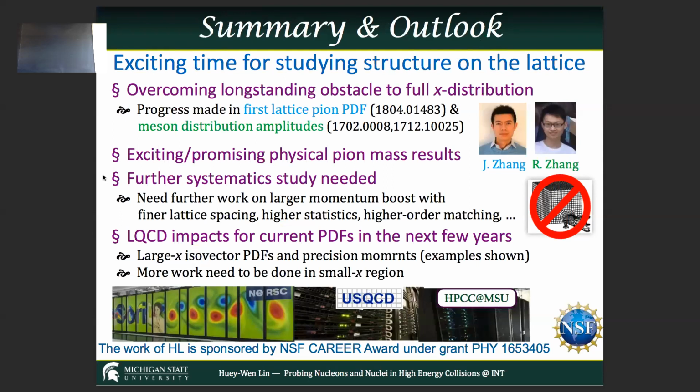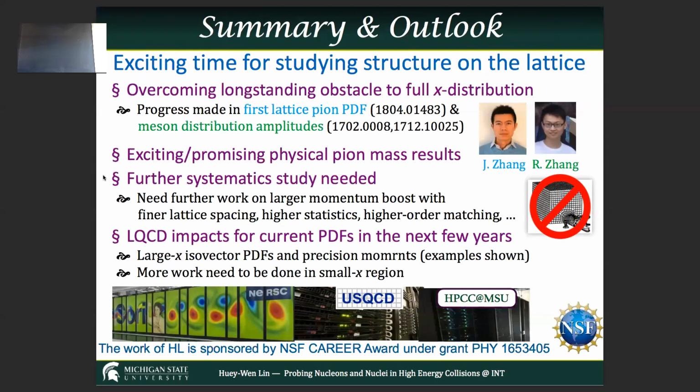I just want to point out that in the next few years, lattice calculations can likely impact the current PDFs, things like the isovector PDF, even though we are not directly calculating flavor-dependent PDFs yet.